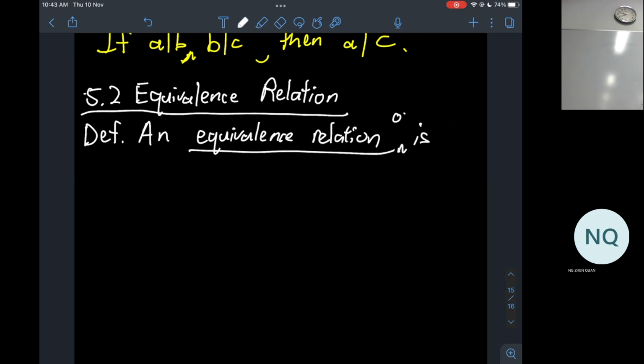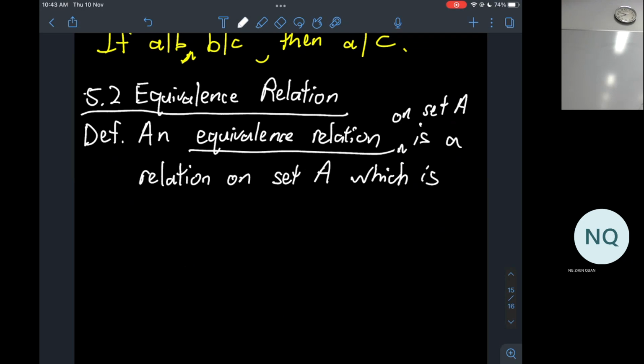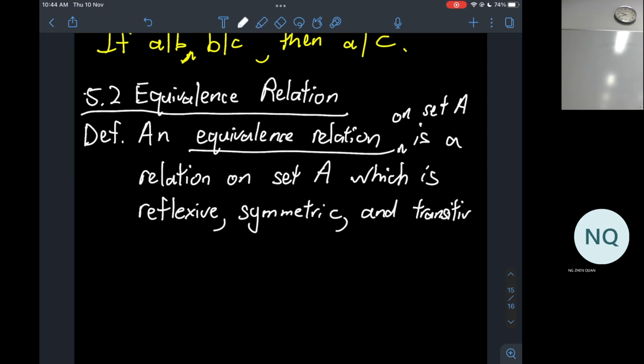An equivalence relation on a set A is a relation on set A which is reflexive: you and yourself have to be in a relation. Symmetric: if you and the other person are in the relation, the other person and you have to be in the relation. And transitive: so you can transit from person a to b to the next person.